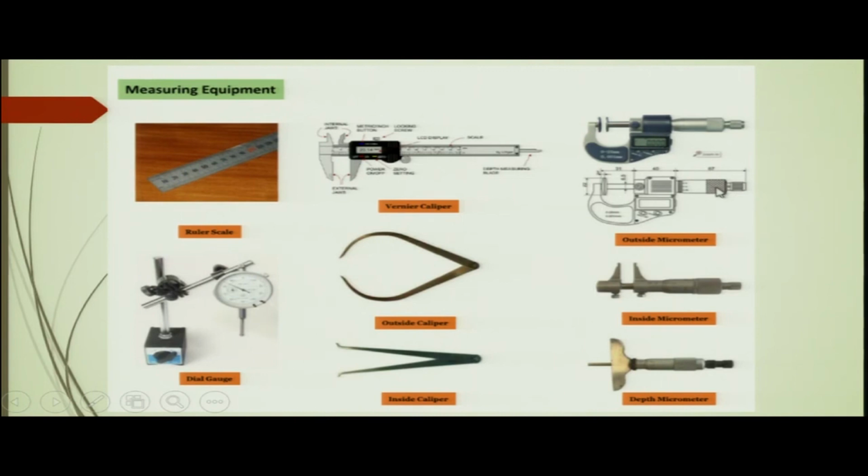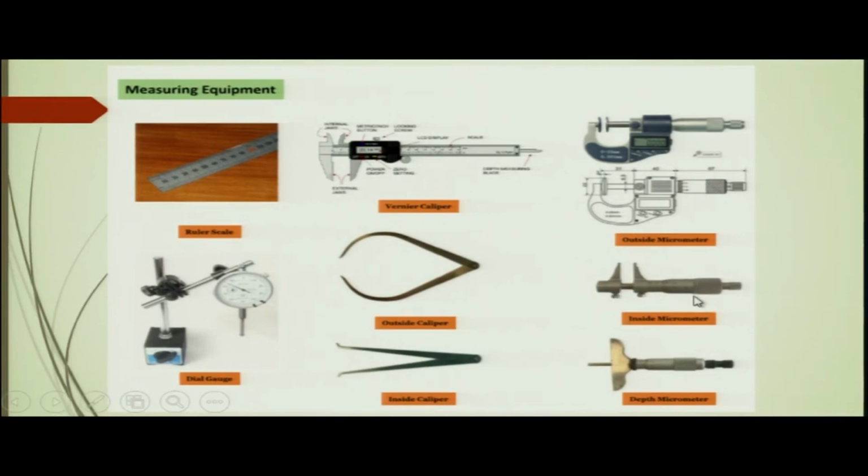So, this is called the outside micrometer, because the outside diameter can be found out. So, all the descriptions are given here, even the dimensions are given here, you can see that. Okay. So, this is the normal micrometer which is used in the metrology lab or the machine tool lab. Okay. We will see this.